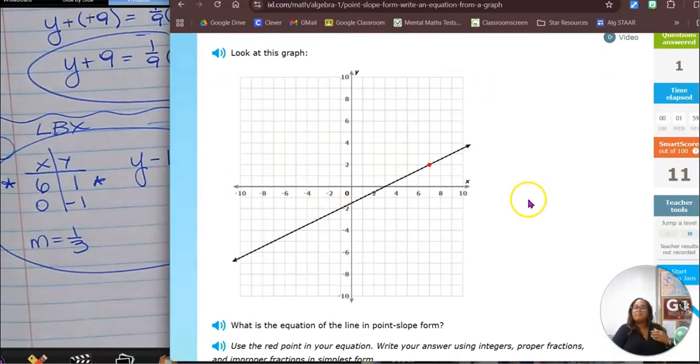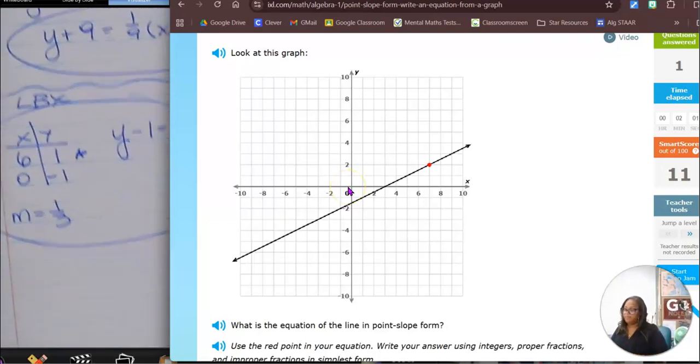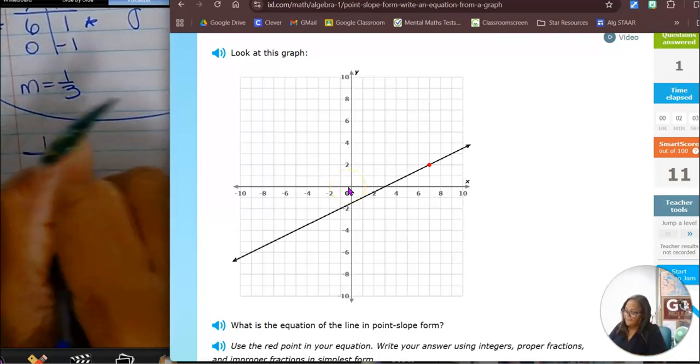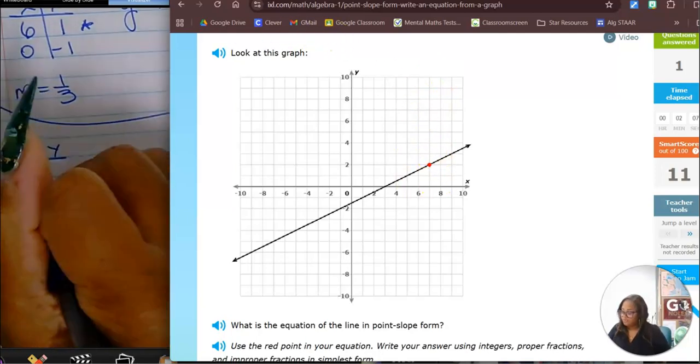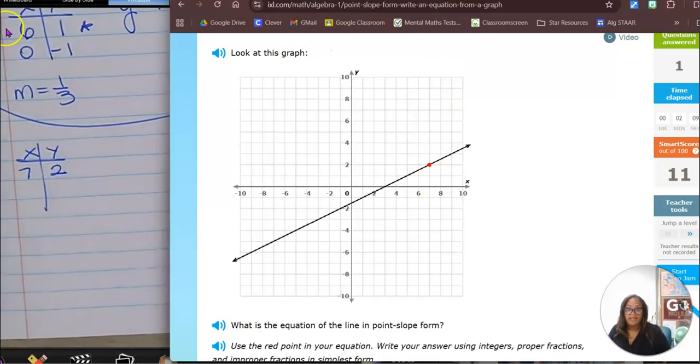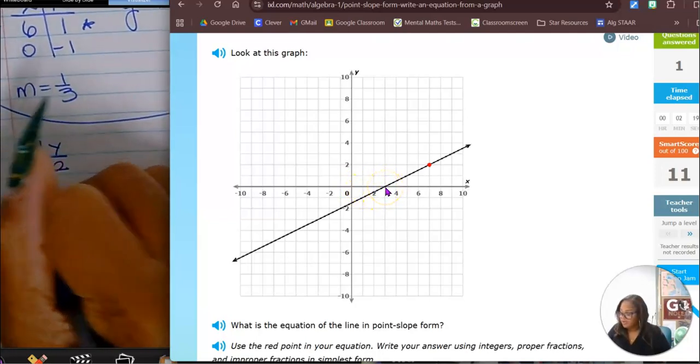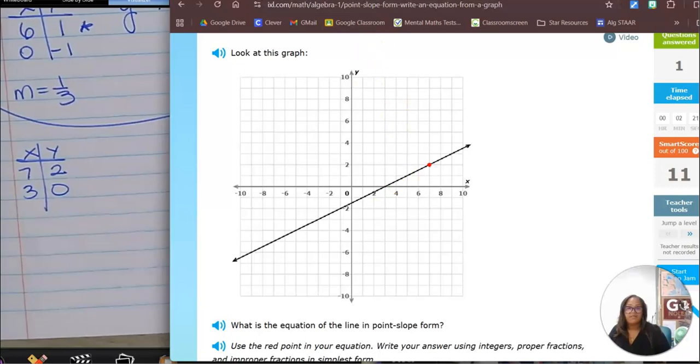Got it. All right, so we're using this point where I run 7, jump 2, 7, 2, and then, I can't identify my y-intercept here, so I can identify my x-intercept, which is 1, 2, 3, and then I just jump 0. I don't jump at all, so 3, 0. Go back to Desmos.